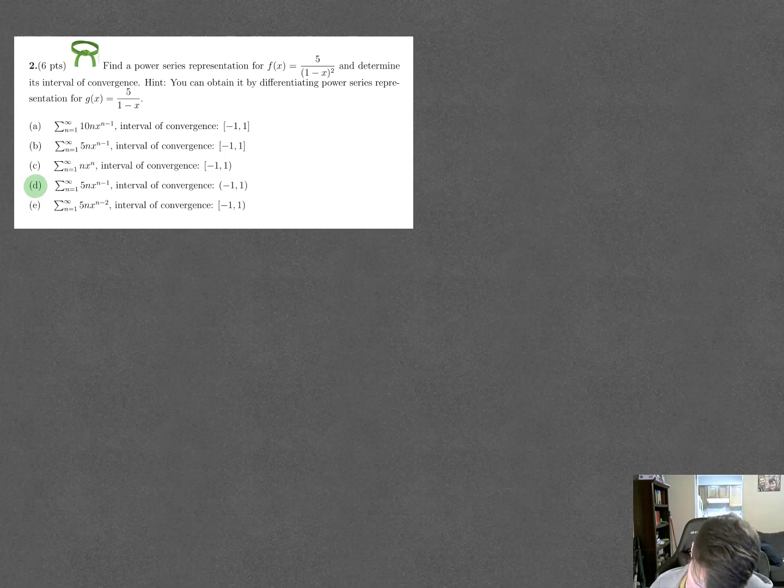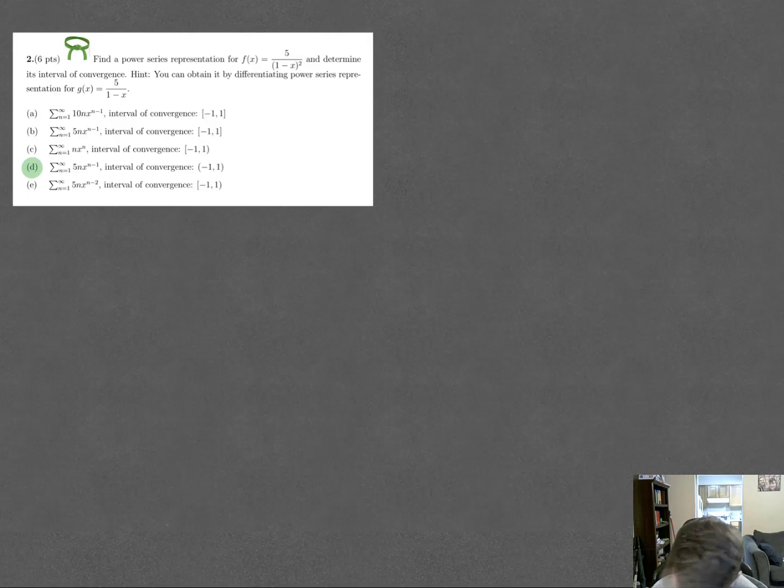Okay, next example. We're going to do 2 more examples. So, penultimate example. We want a representation for f of x equals 5 over (1 minus x) squared. And we're going to use that we have a representation for this g. So, the thing to notice is that this f is the derivative of this g.